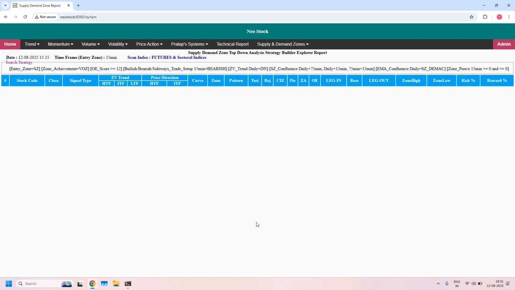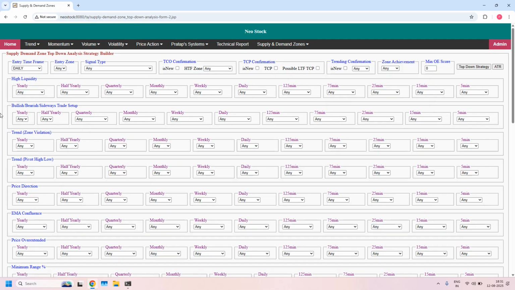Next, we have completed the daily income trade reports. Next, we will generate hourly income trade reports. So, entry time frame 5 minutes, entry zone demand zone for sideways long. Here, bullish or bearish or sideways at 5 minutes, I am selecting sideways long. Zone achievement: violated opposing zone.